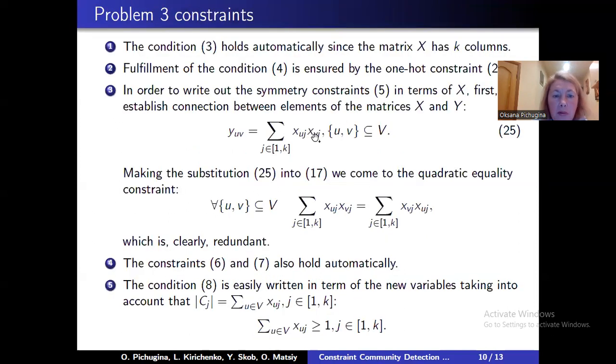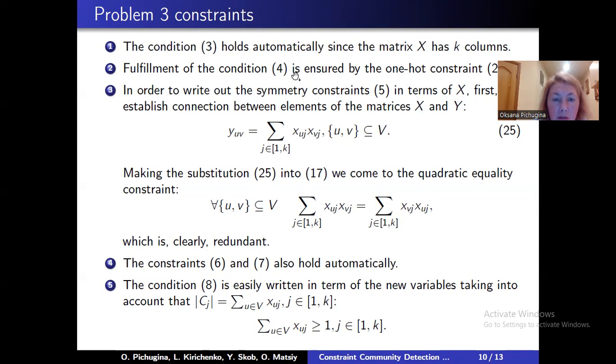Now we review how the standard community detection problem can be represented in terms of this variable X. Condition 3 holds automatically, meaning that no communities other than in the range 1 to K can be assigned.